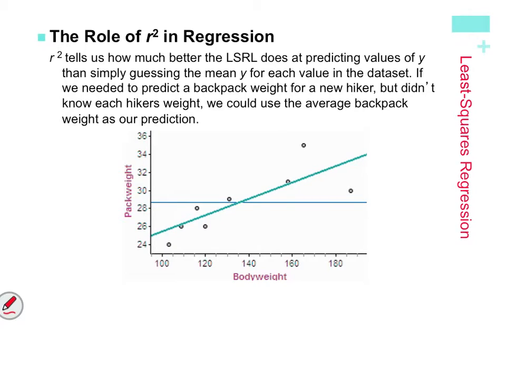Consider if we needed to predict a backpack weight. If you remember that backpack problem with the hikers in chapter 6, if we needed to predict a backpack weight for a new hiker, but we didn't know each hiker's weight, what we would do is use the average backpack weight of the data that we actually had as our prediction.